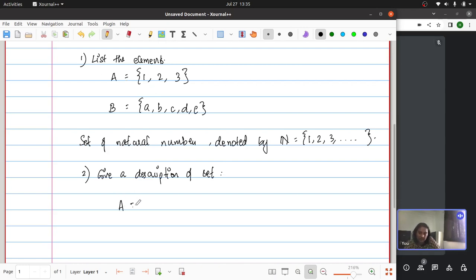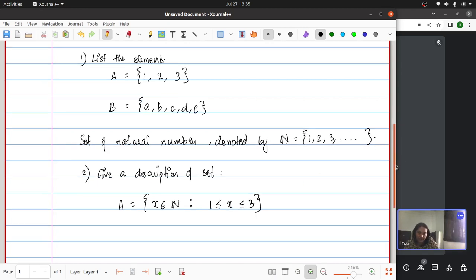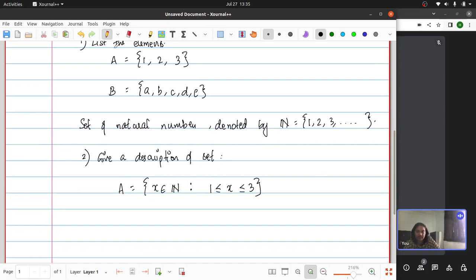We can say A is the set of all x in natural numbers such that x is greater than or equal to 1 and less than or equal to 3. Right? So this is the same set that we listed here, 1, 2, 3. And you can give other descriptions of different sets. This is another way of representing a set.